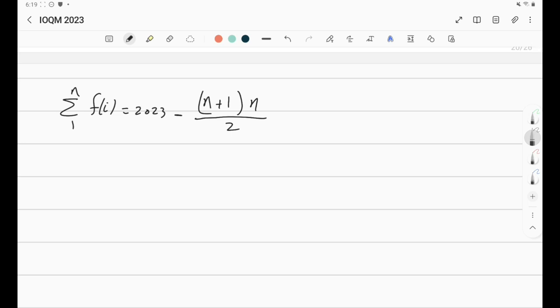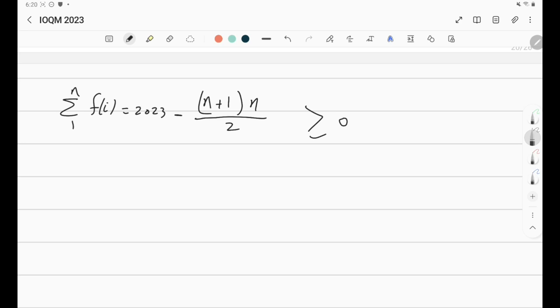Okay, remember the function f they told us about is just a non-decreasing function. So now we just need to find the maximal n, and the only condition is that this thing is non-negative. You want this thing to be non-negative, so we figure out the value for n.